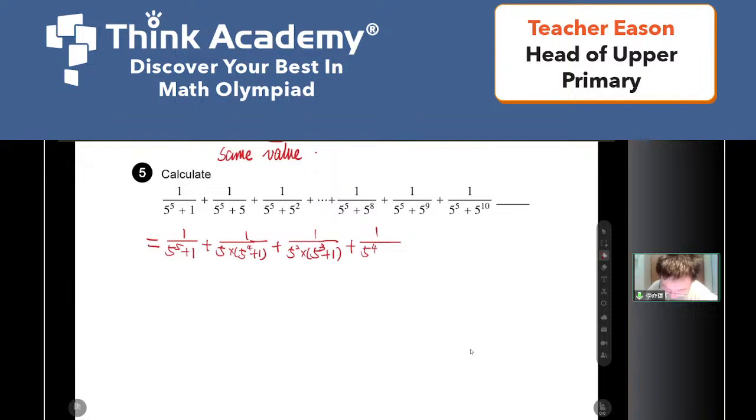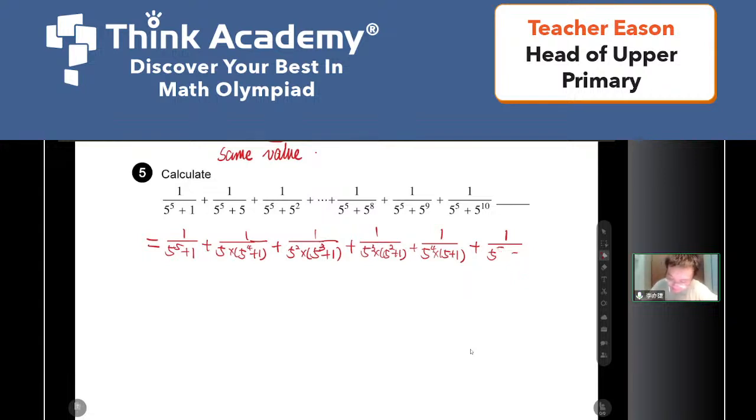And the fourth, sorry, the fifth. It's easy to follow the pattern. Maybe we just write this down. So these are the first 5. And then the middle is 5 over 5, 5 to the power 5, right?